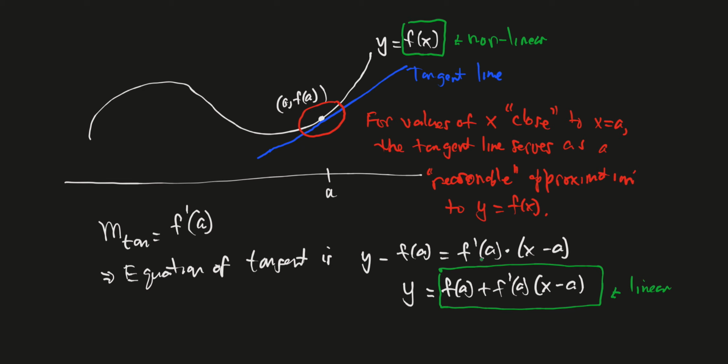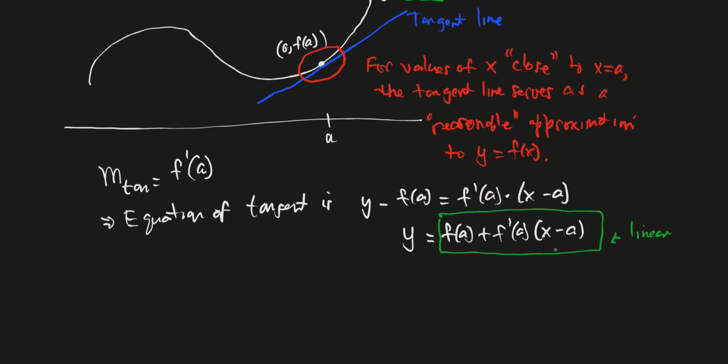And we're going to call this tangent line the linear approximation. And to really emphasize that this is a linear function, we're going to give it a name. We're going to call it L of x. So let's write this down now.